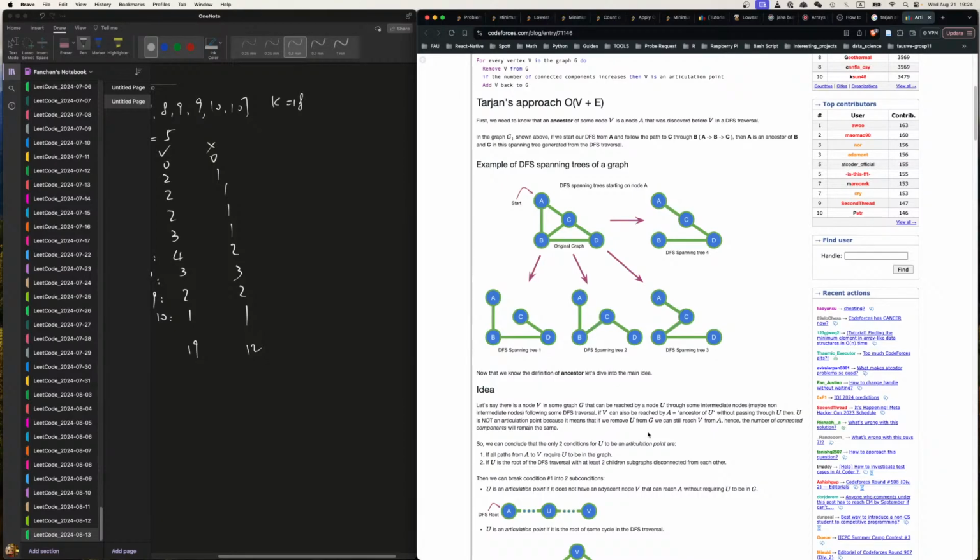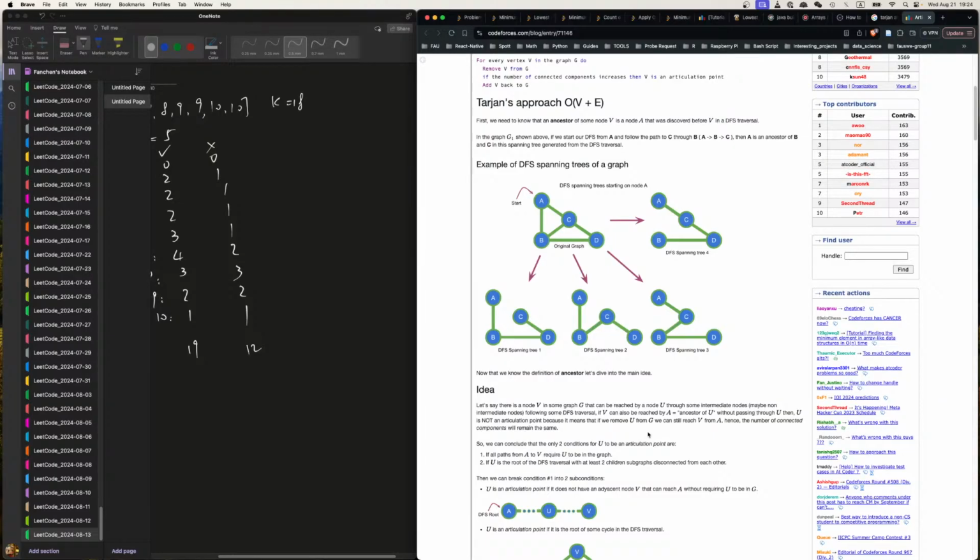Okay, V can be reached by U. If V can also be reached by A, an ancestor of U, without passing through U, then U is not an articulation point, because if we remove U from G, we can still reach V from A. That is correct. Hence, the number of connected components will remain the same.